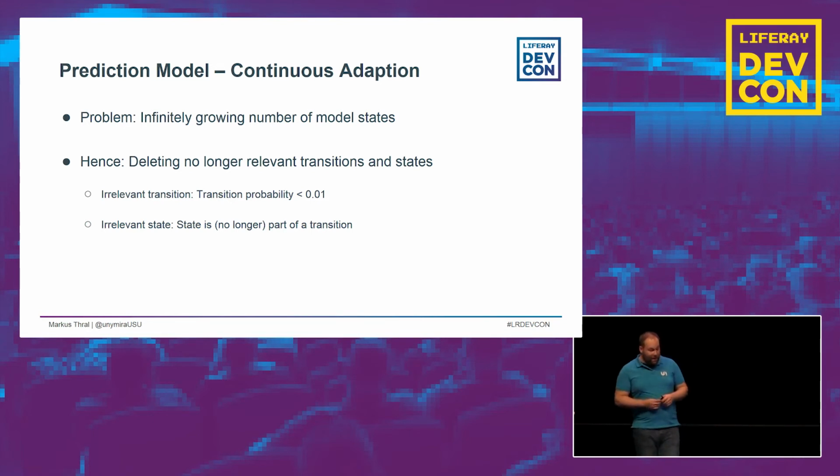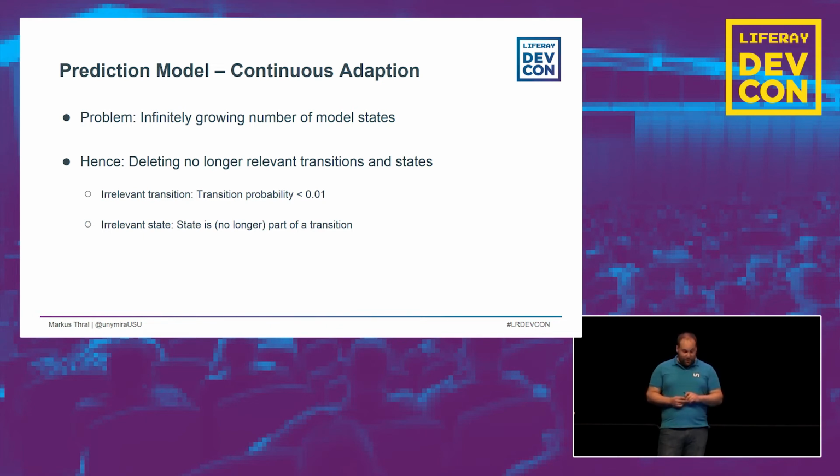That's quite easy. An irrelevant transition is a transition with a probability below 1%, which means below 0.01. And an irrelevant state is a state which is not part of a transition, because we deleted all transitions which are not relevant, and the states which are not part of any transition, we can ignore, we can delete.